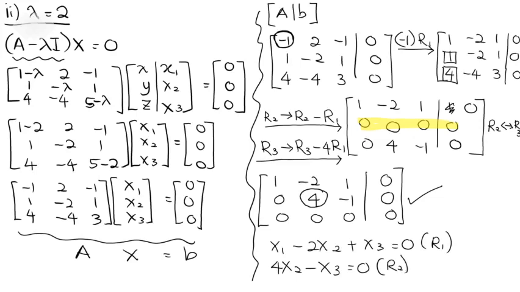Okay, but for row 3 you can see the 0 vector. So how can you solve for x3? Okay, now for x3, we don't have a leading one, so we let x3 equal to any number, let's say t, where t is a real number.